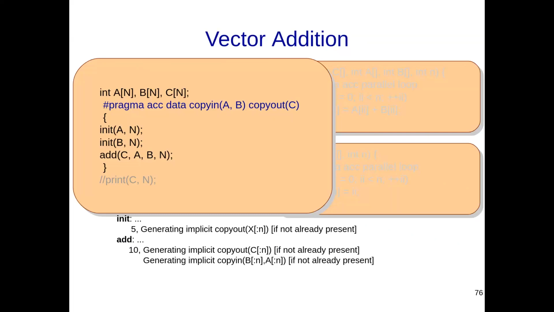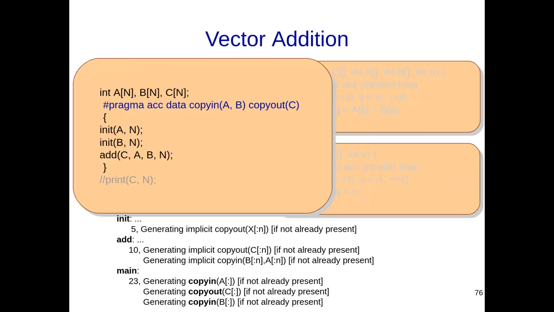Earlier main did not have any OpenACC pragmas. Now since it has, it is going to say something like generating copy in of A if not already present, and copy out of C if not already present. Similarly, copy in of B if not already present. Right? So this is what we anticipate the pragma acc data in the main function should do.